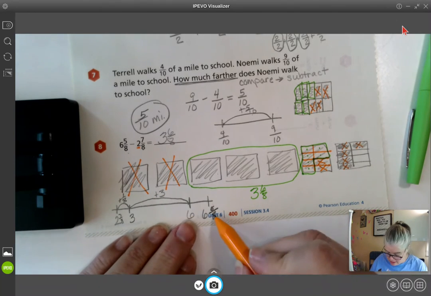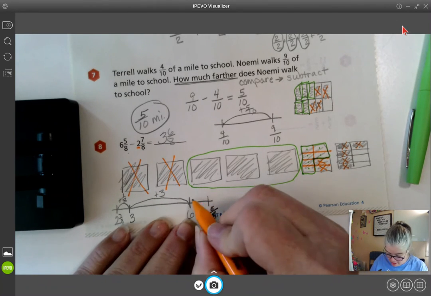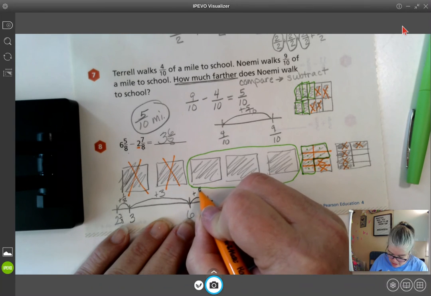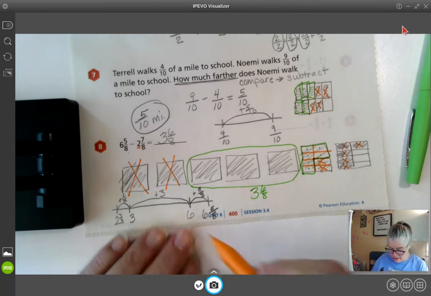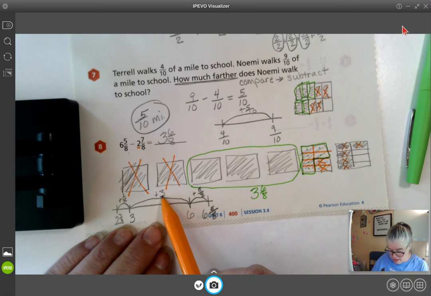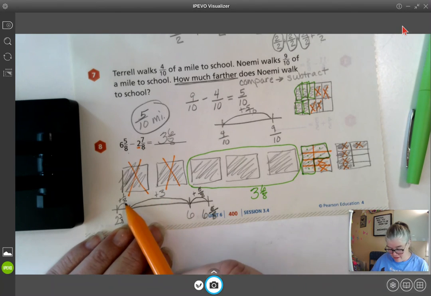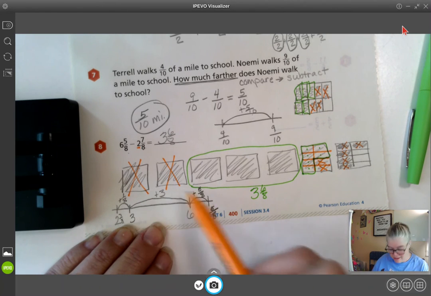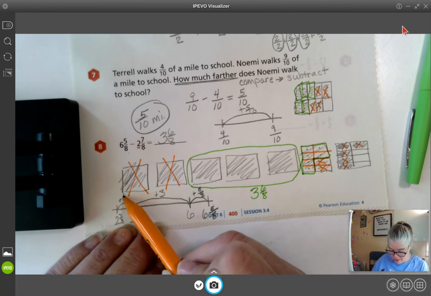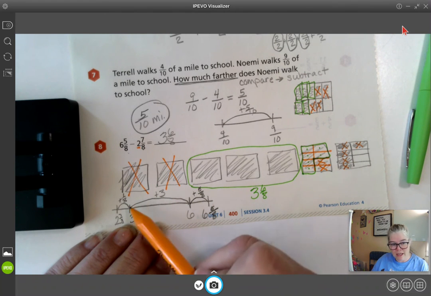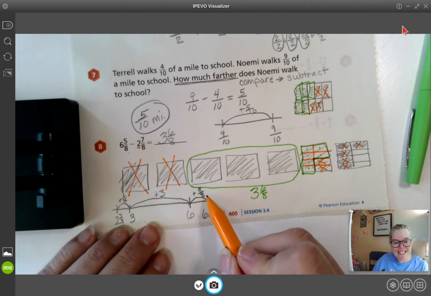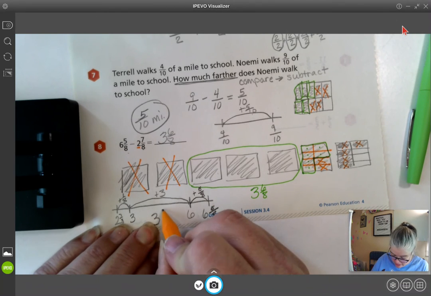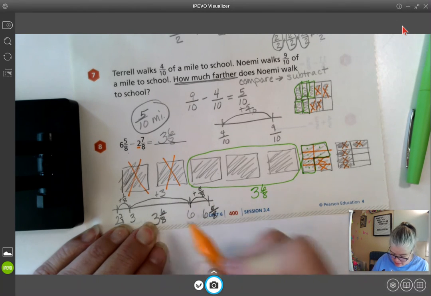Add 3. And then I need to get to 6 and 5/8. So right here, I need to make another jump of 5/8. So I have 3 wholes plus 5/8 plus 1/8 more. And that's 6/8. 5 plus 1 gives me 6 jumps of 1/8 size. So I have 3 and 6/8.